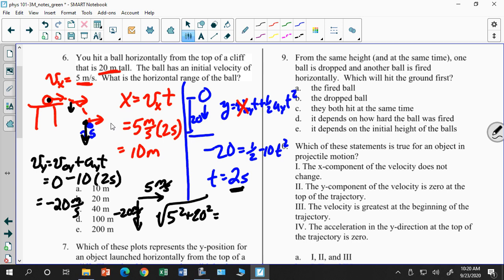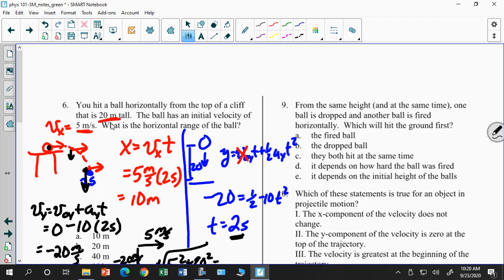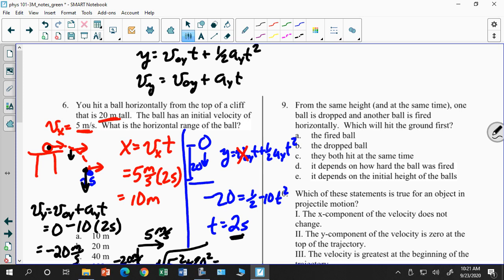Now remember, with projectile motion, we had some variations of those. I'll just write them down to remind you: y equals v naught y t plus 1/2 ayt squared. And then I also had vy equals v naught y plus ayt. All right, those are just our kinematics equations.